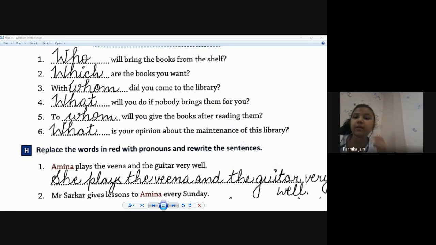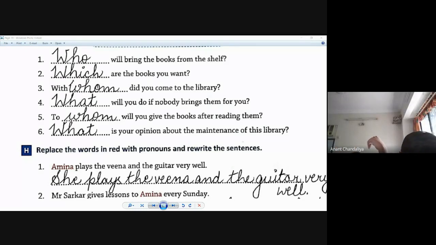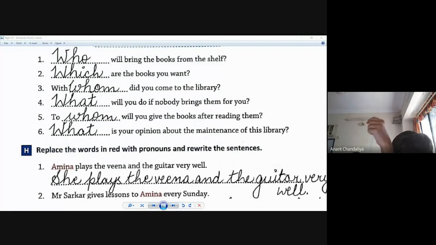Ma'am, I was asking, can we write what are the books you want? No. Which are, what are? Which is used for things. Book is a thing, right? Ma'am, I have written all. Anand, what? I have written all.